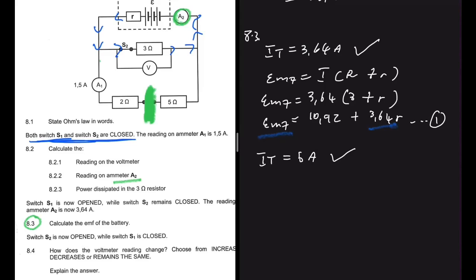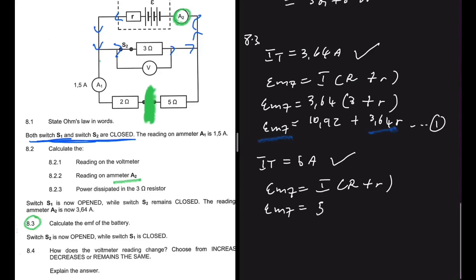So we're going to say that EMF is equal to I multiplied by R plus internal resistance again. So the EMF is equal to the current, which is 5 amperes when both switches are closed, multiplied by the external resistance, which is RP, that was 2.1, and then plus internal resistance.